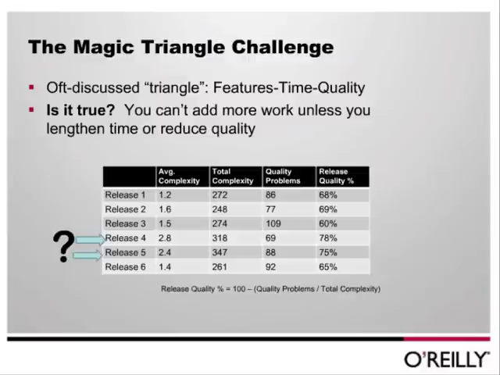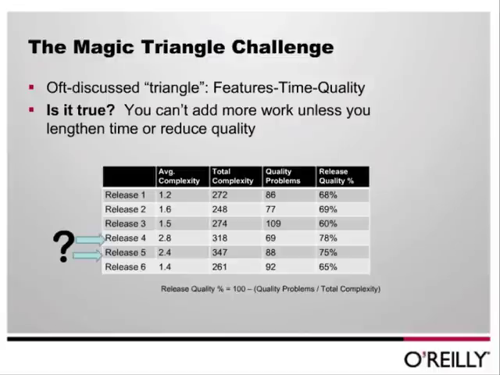I only throw this out as an example of using metrics and tracking to begin to look at our assumptions and then to think about the implications of that. So if what I just said is true, it isn't that you could expect that every release we could add more work and get higher quality, and you wouldn't want to keep that as a principle, but it does make you perhaps think about whether you could do that from time to time when you need it.